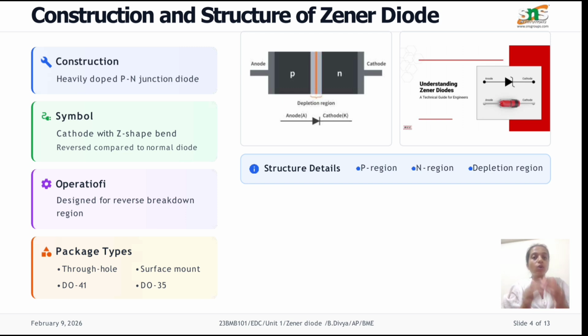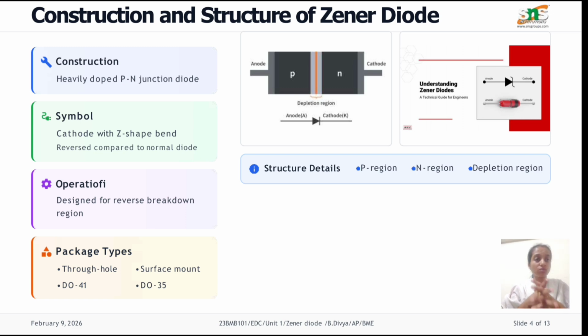The cathode has a Z-shaped bend. As I told you already, the cathode is connected to a Z-shape, reversed compared to a normal diode. When the Z is incorporated, it is specifically designed to work in a reverse bias condition. Operation, how does it operate? It is designed for a specific reverse breakdown region, as I told you already.